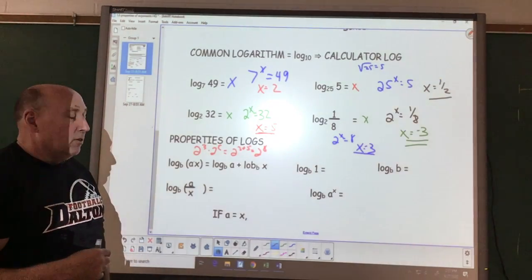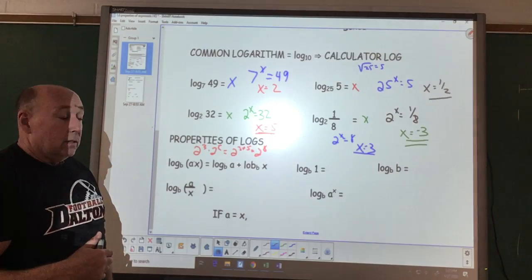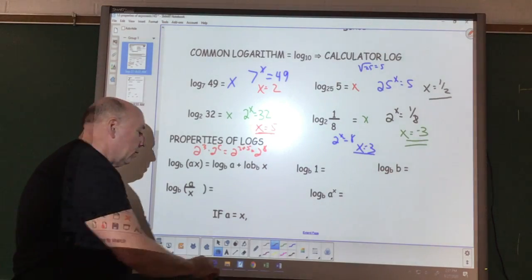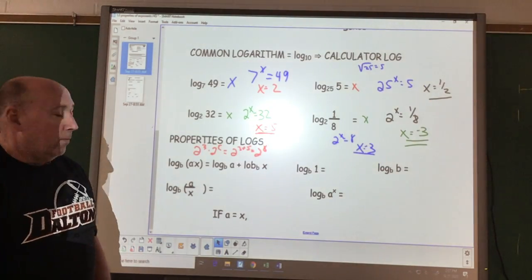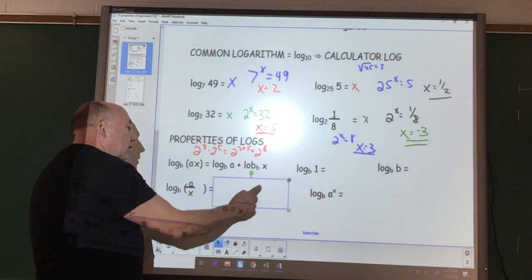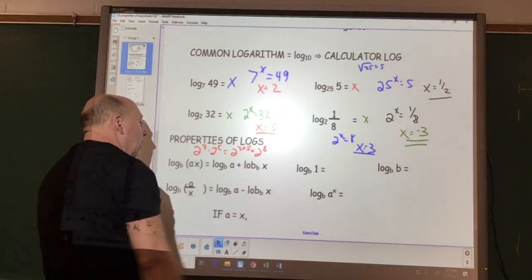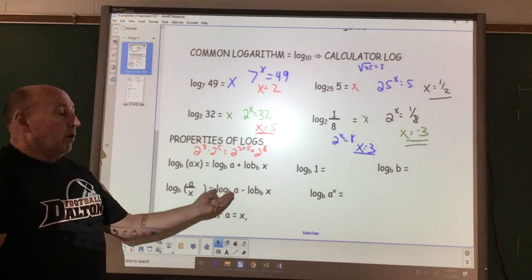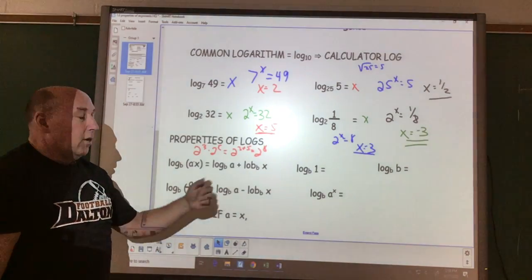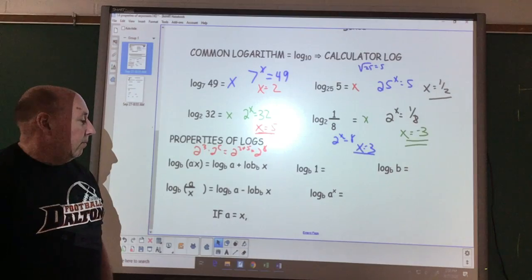So we can add those two, give them their own separate logs. And once again, this should be review for us. If I have division, this would be log base b of a minus the log base b of x.